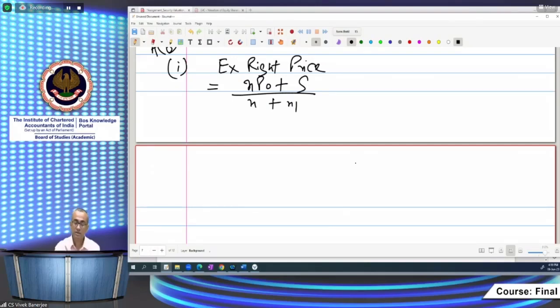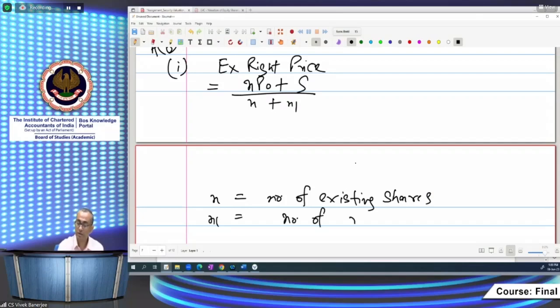Now let us solve this. N is the number of existing shares. N1 is the number of right shares.